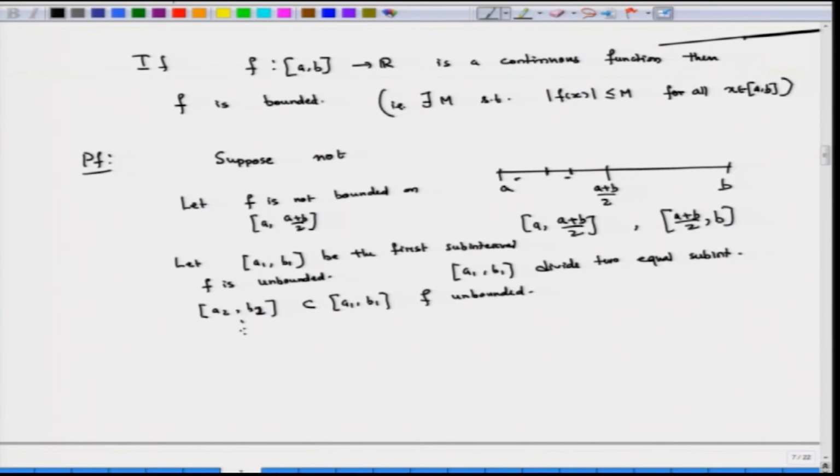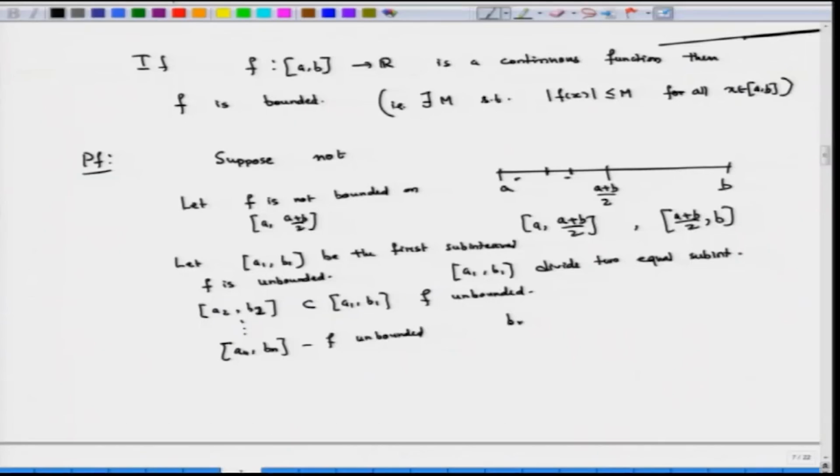I continue like this. I will get [an, bn] where f is unbounded. Again I divide it into two equal parts and choose one part in which f is unbounded. At every step I get that f is unbounded in some sub interval.